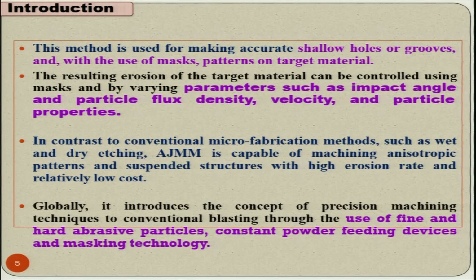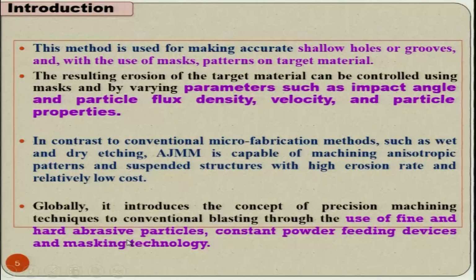Globally, it introduces the concept of precision machining techniques to conventional blasting through the use of fine and hard abrasive particles. This is very important. Particle size should be fine because it is going to control the shape and size of the features you are creating. And the second thing is hard abrasive particles, as I have mentioned in my introductory lectures on micromachining processes.